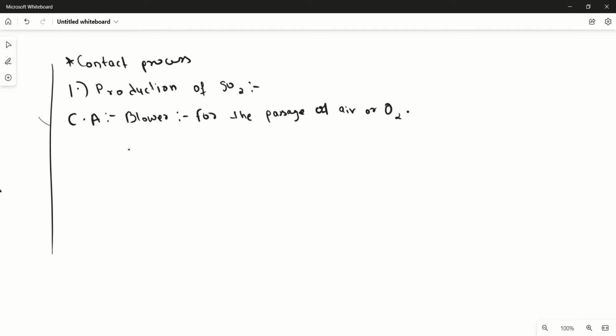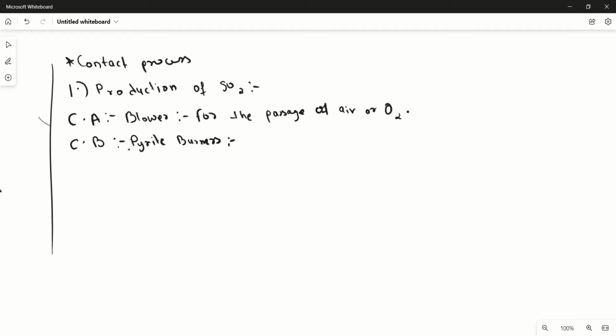That's all. Then in the production of SO2 we have chamber B. It's called sulfur or pyrite burners. Let's just write pyrite burners.